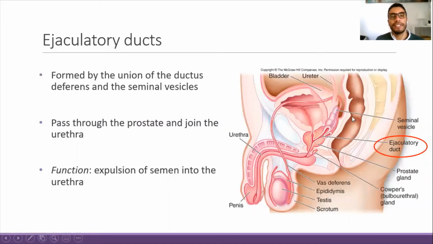The function of the ducts is the expulsion of semen into the urethra. Okay, so semen is mainly produced here by the seminal vesicle. The prostate also contributes for the production of semen, and then this semen will be expelled here through to the urethra. Okay.